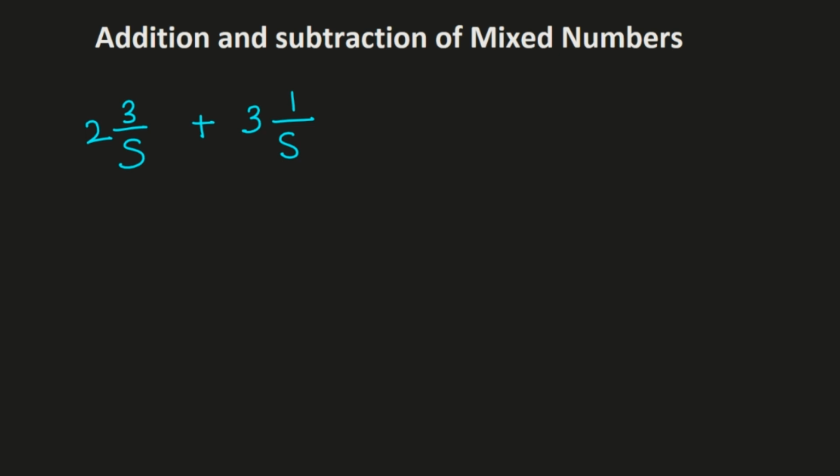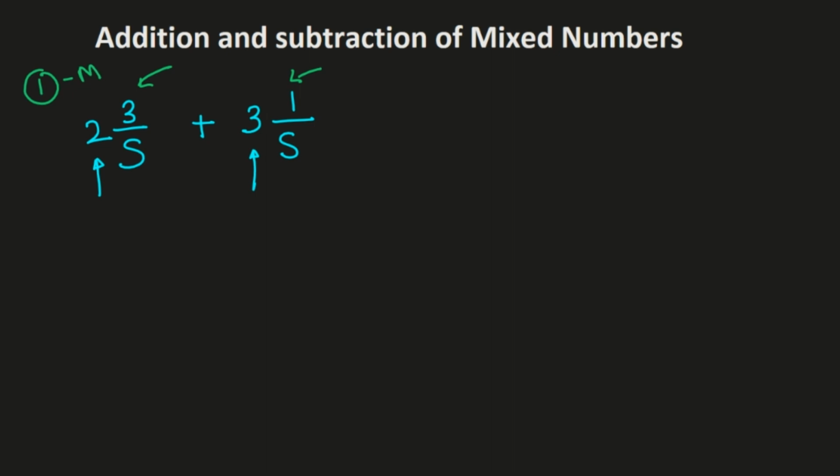The first thing that you can do is convert it into improper fractions and do the calculations and get the answer, or you can just keep the mixed numbers as they are presented, and simply add or subtract the whole number part separately and the proper fraction part separately. Okay, let's go with the first method.